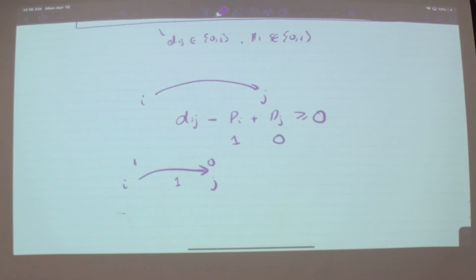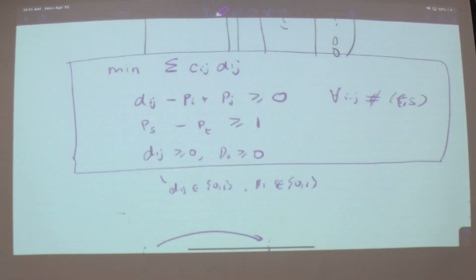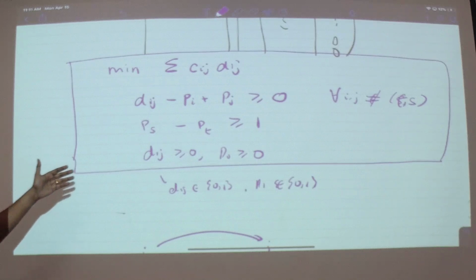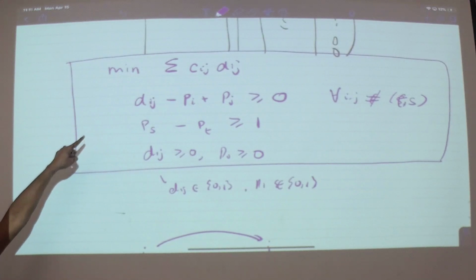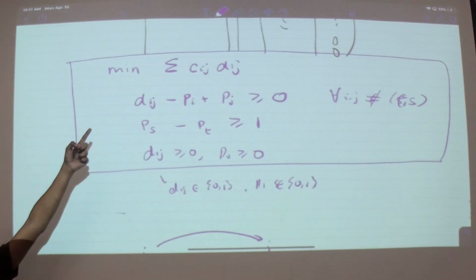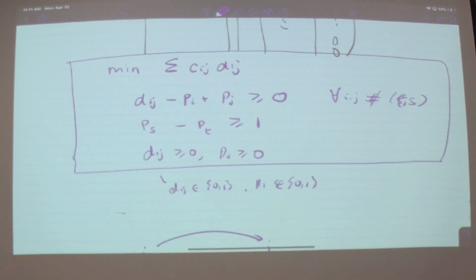And if we define an ST cut, then Dij is precisely capturing all the edges that go across the cut, which means that this dual program is actually capturing the size of a cut. And you want to minimize it. So for any consistent assignment of values for Pi to 1 and 0, the feasible assignment of values will give you the value of a cut, and you want to find the smallest cut.